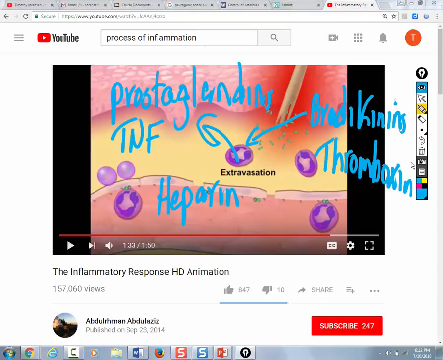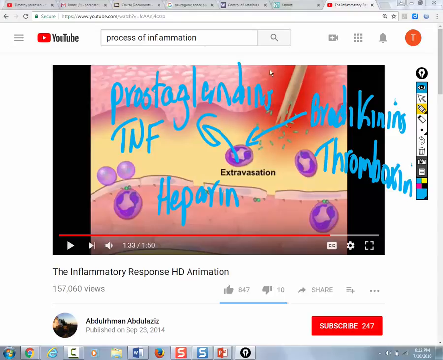All right? Now listen to this. This will prevent the formation of a blood clot outside of a vessel. And you don't want that to happen right away because you want that blood to be thin in order for the white blood cells to get to that area.